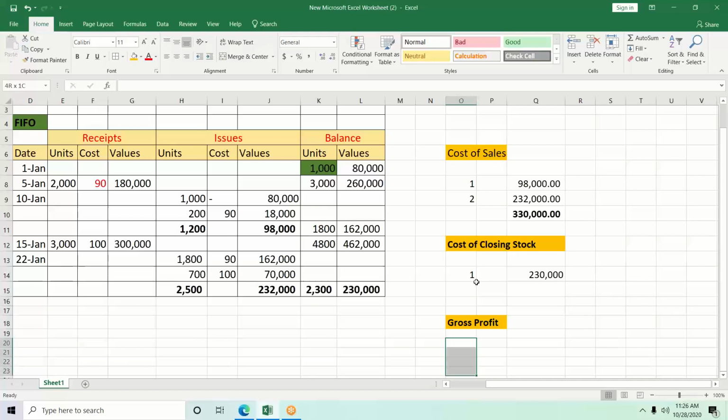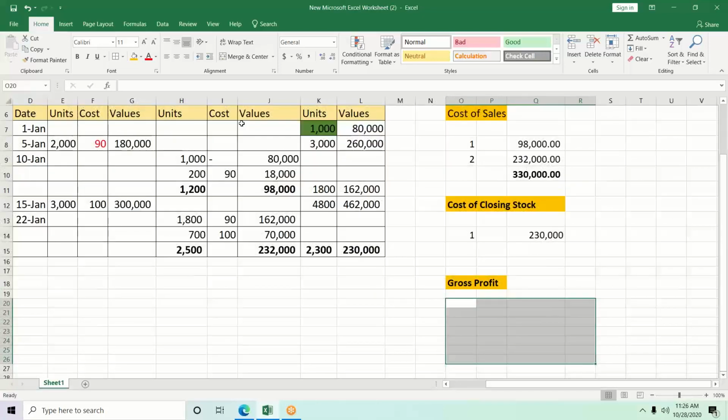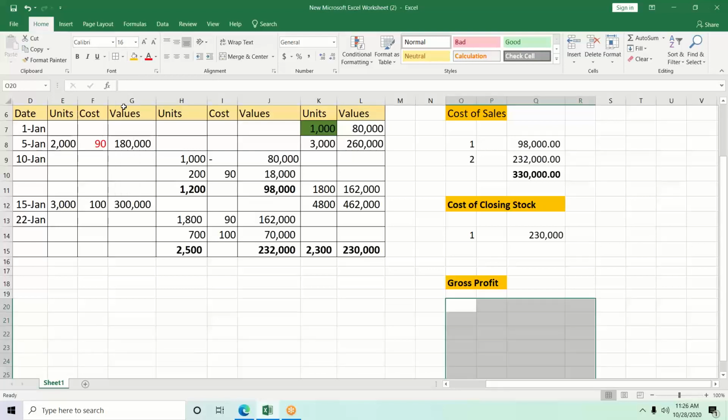When I discuss the 2020 questions, I'll let you know the points to remember. You must be able to identify exactly what purchases are and what the cost of sales is. The cost of sales is the cost of the goods sold.